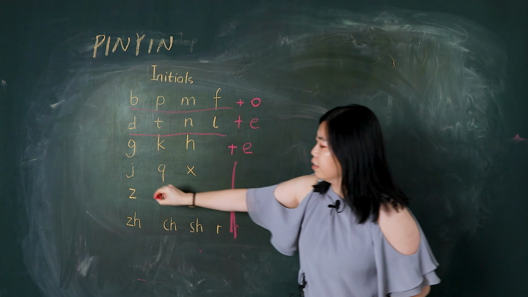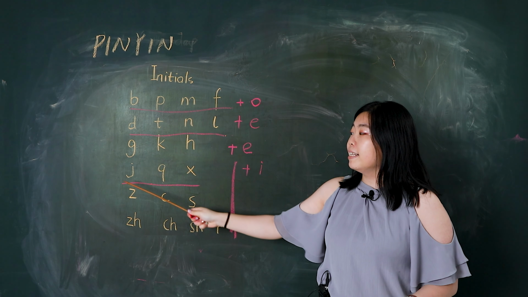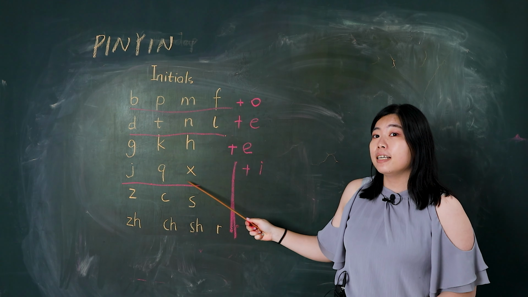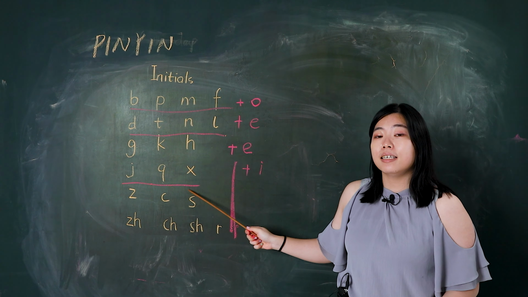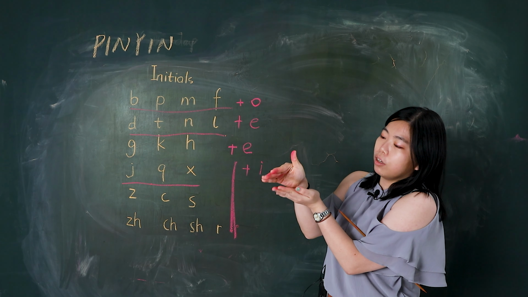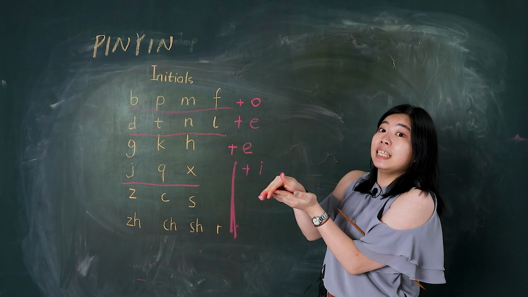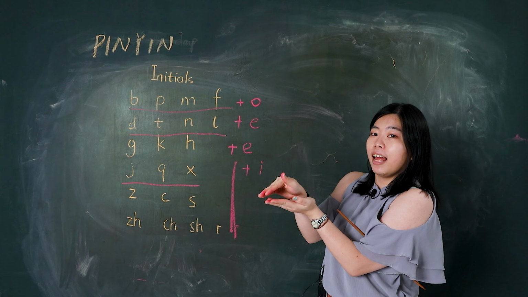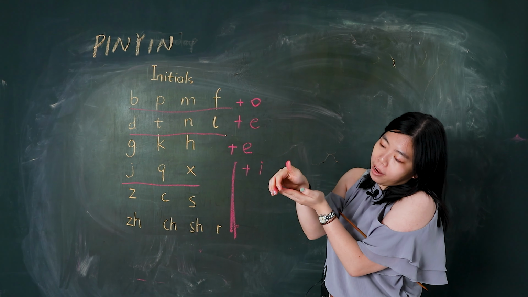Now let's see this next line, which is a very hard one. Here we use the I sound to help us pronounce ji, qi, xi loud and clear. For ji, qi, xi, we use the surface of your tongue to touch the back of the upper teeth. So do like this. Touch and lift. Touch and lift. Use the surface of the tongue here to touch the back of the upper teeth.